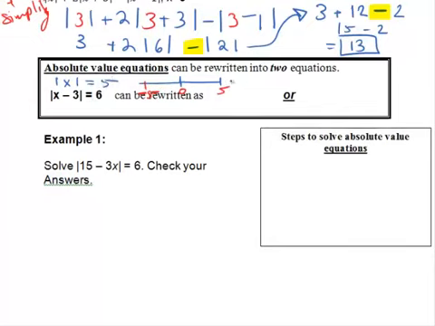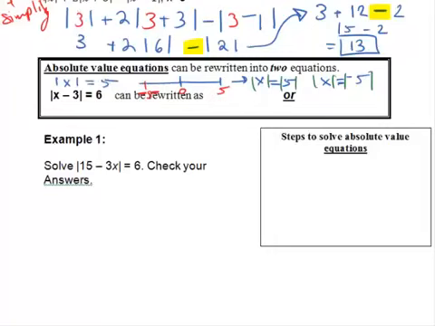So this top example here could be written as maybe the inside is really a 5 going out in the positive direction, or maybe x is really a negative 5 inside of that absolute value. Because if I take the absolute value of positive 5, or the absolute value of negative 5, either way, I will still get 5.